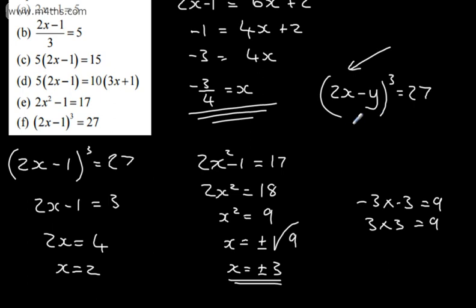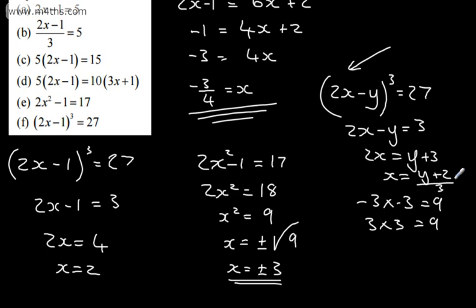I would take the cube root, so 2x minus y is equal to 3, so we're exactly the same here. I would add y to both sides as I just want terms in x on the left hand side, and then I divide both sides now by 2. So x would be y plus 3 over 2.